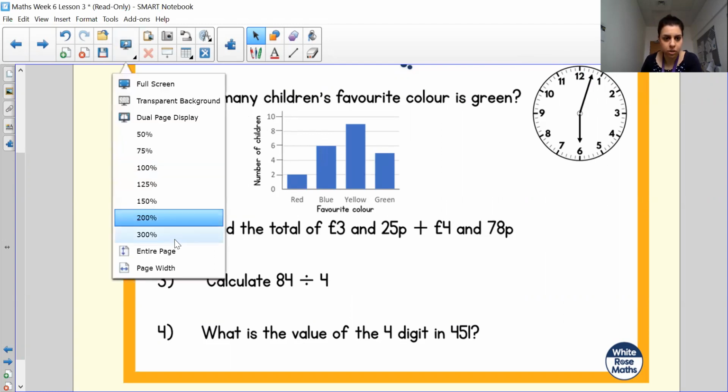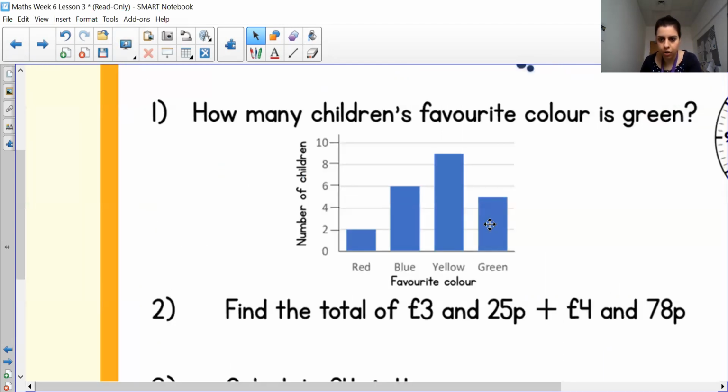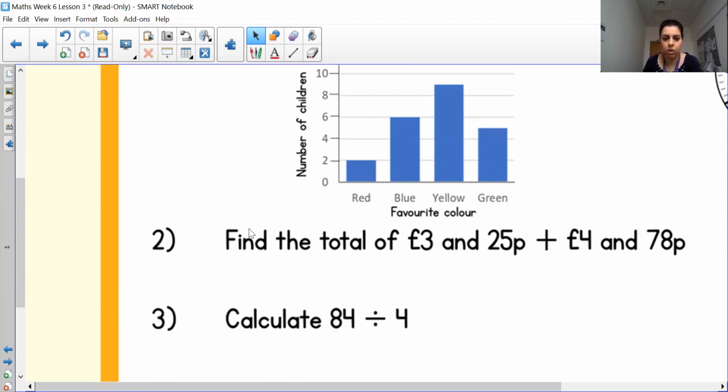So when I zoom in, just so we can see it a little bit closer, green is in between the line that is 4 and the line that is 6. So that means that must be 5. So if you wrote 5, well done. It's between the 4 and the 6, so it must be 5.